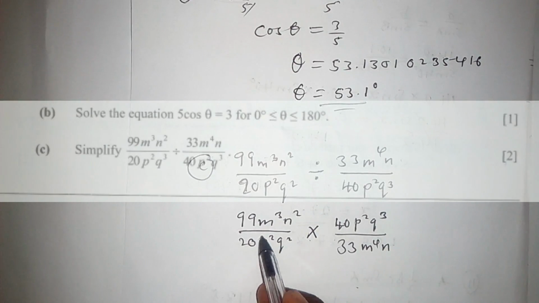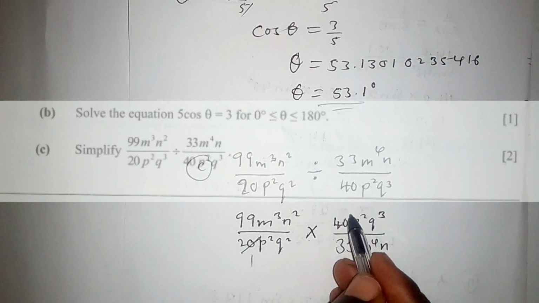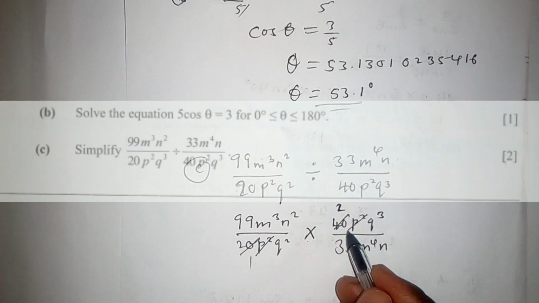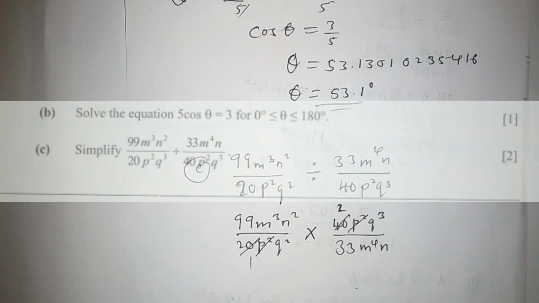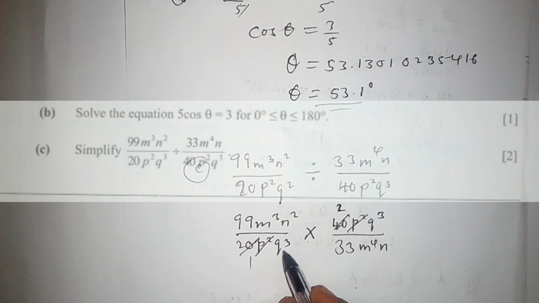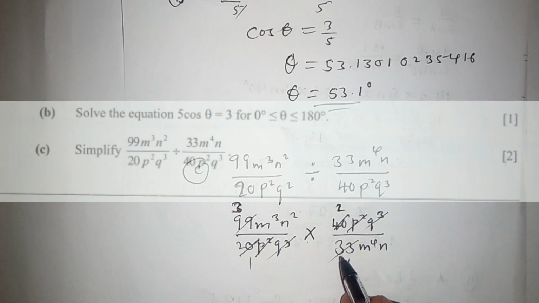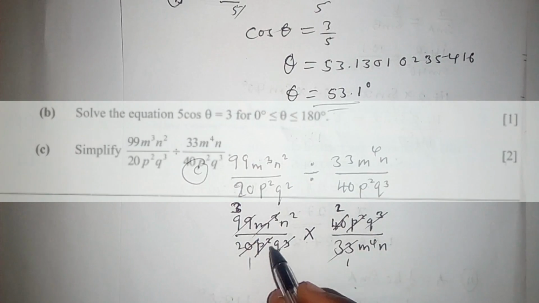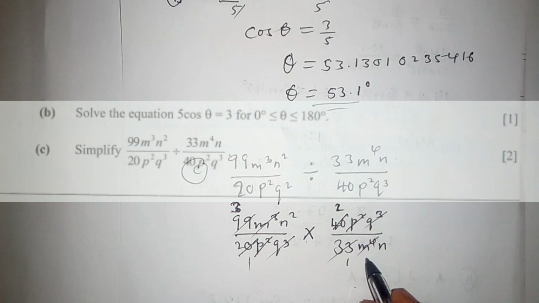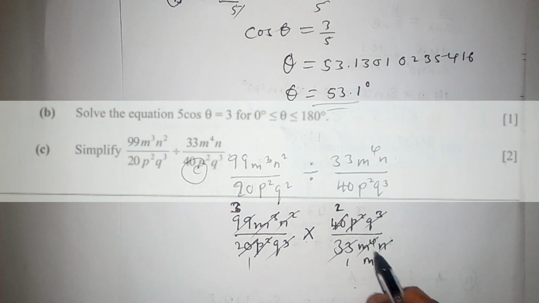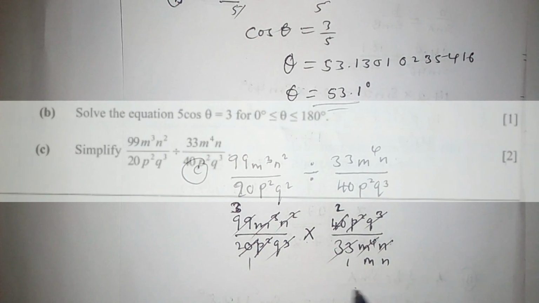So if you can see nicely, this can go into this two times. So I have 2 here, this and this will cancel. This is power 3, this and this will cancel. 33 into 99 is 3. M cubed into m power 3 will remain with m here. M squared into n squared into n will remain with n.